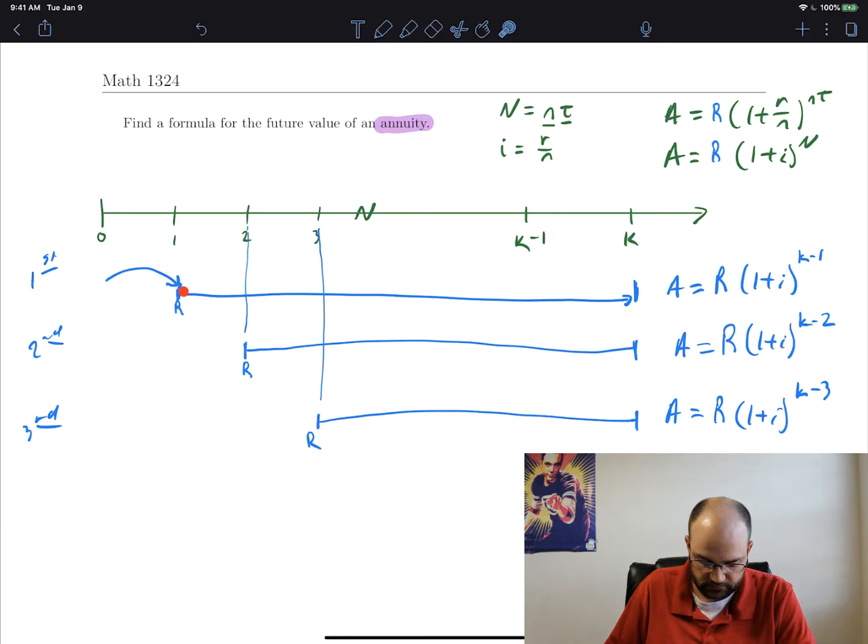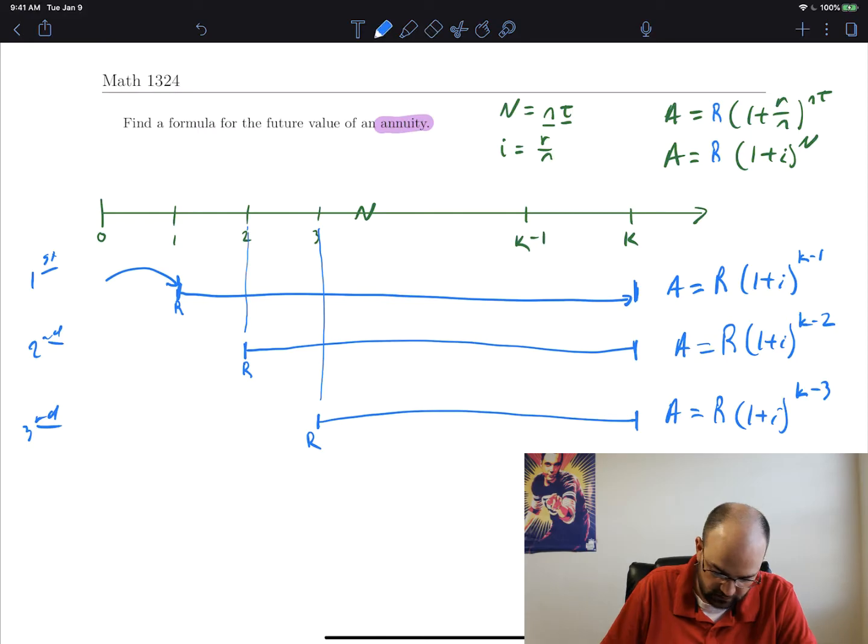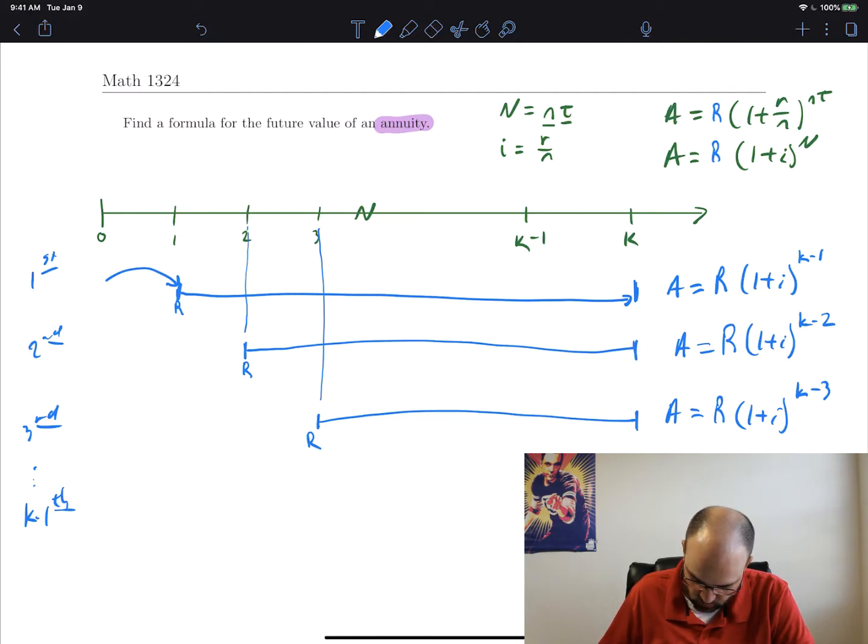So it's whatever, this first one, K minus 1. Second one is K minus 2. Third one is K minus 3. And so on and so forth. So if we continue this pattern, let's look at the K minus 1th payment. At the K minus 1, well, the future value is going to be R times 1 plus I to the K minus 1.